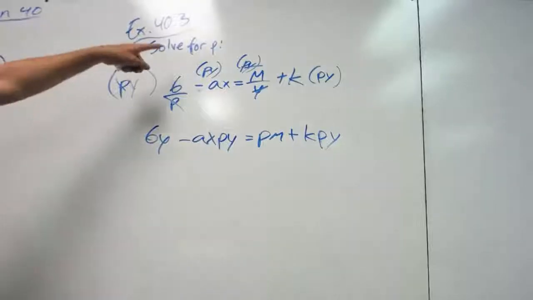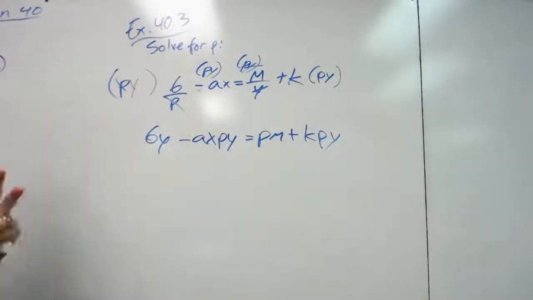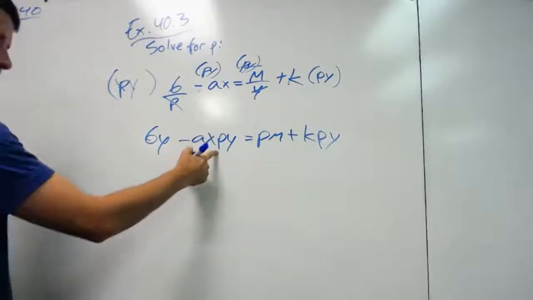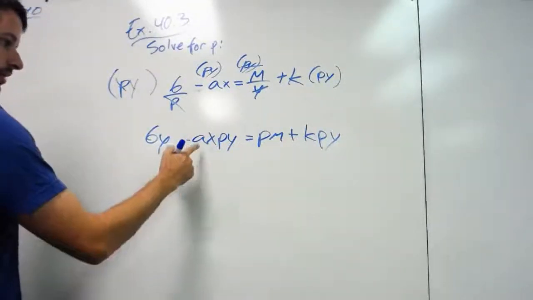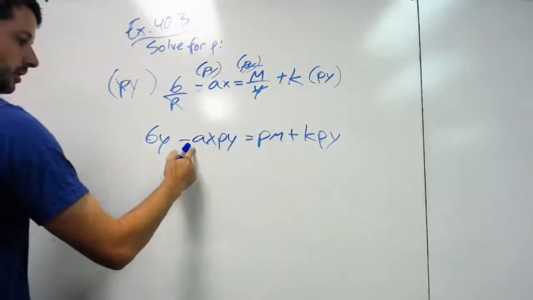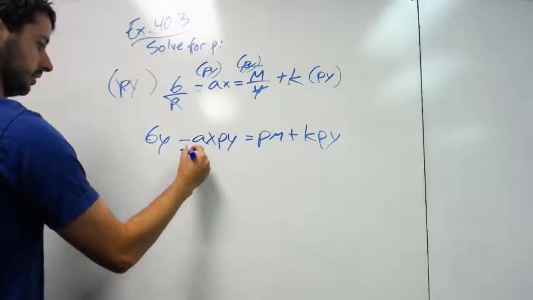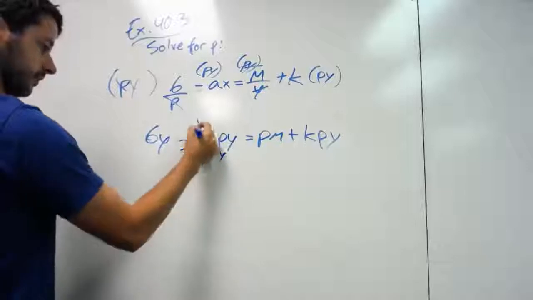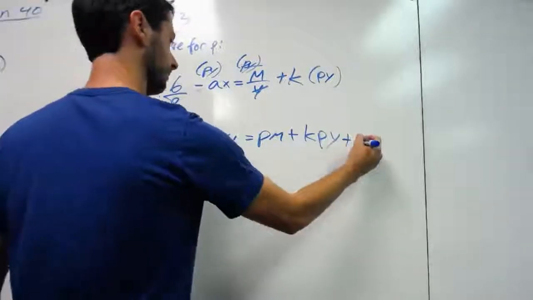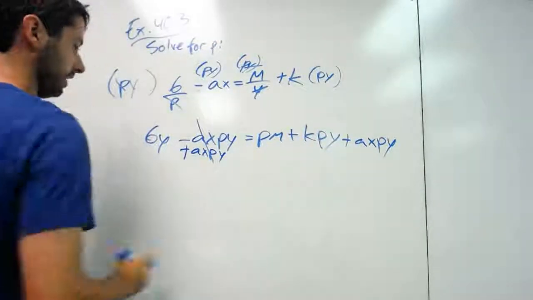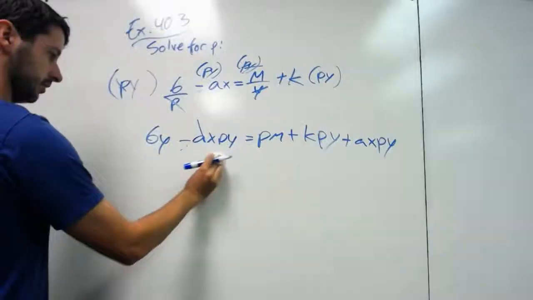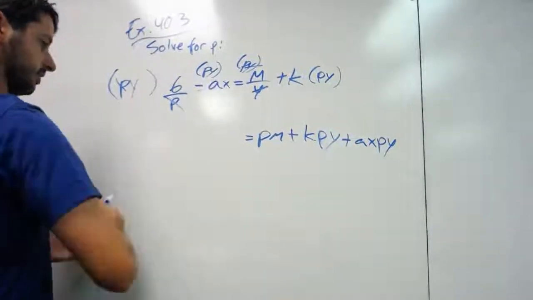And we are solving for p. Step 2, get all the p's on one side. Here's a p, there's a p, there's a third one. So this one's on its own, this one has 2, so I'm going to go ahead and add this one over here. So now we have all of that equals 6y.